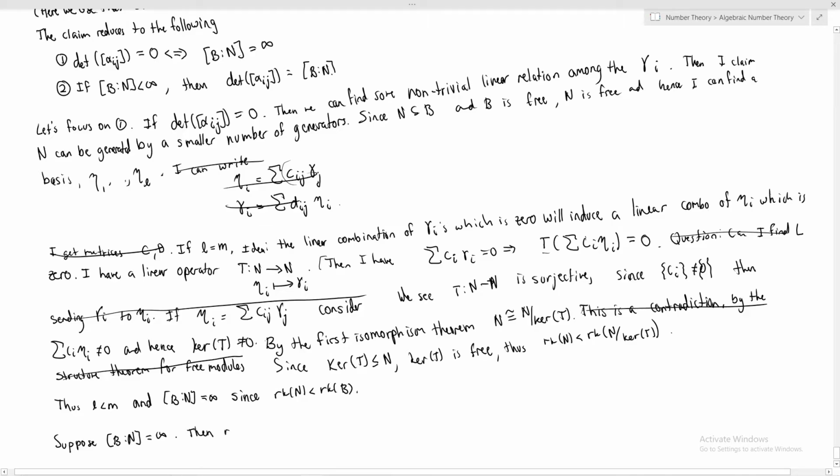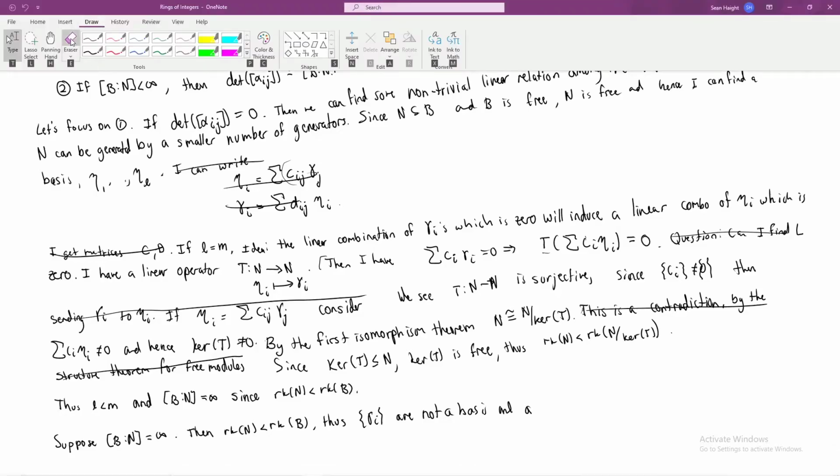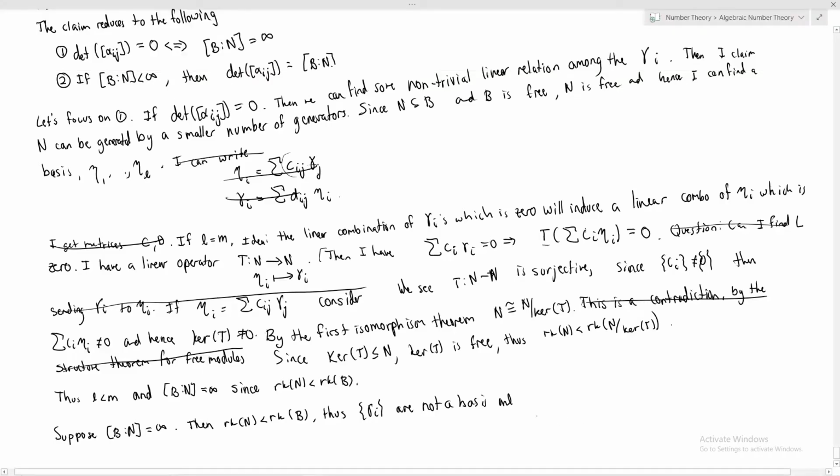Then the rank of N has to be smaller than the rank of B. Thus, these gamma_i's are not a basis, and they satisfy some non-trivial linear relation, which causes the determinant of our matrix alpha_ij to be 0.